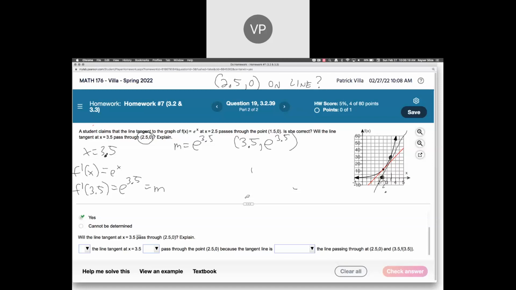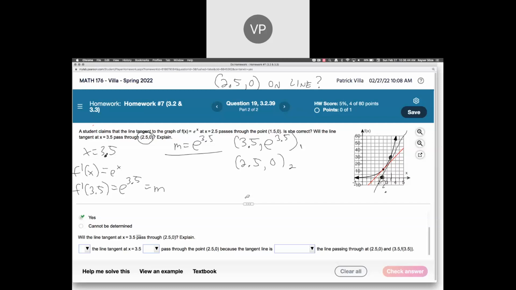Well, think about this. We know the slope, right? We know one point, and we're wondering about a second point right here. So think about this. If those 2 points are in fact on that line, we know one of them is. If this new point, this point number 2, if it's on there, they are going to have that same slope.